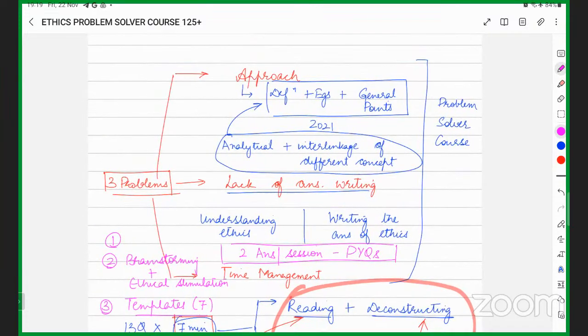Now, there is something which I've spoken, I guess, a couple of times, that the pattern got changed after 2021. So let's look into how the pattern got changed in 2021. For that, we will be firstly looking into a few questions from mains 2021 and mains 2020, so that you understand what was the type of the questions that was getting asked till 2021, and then we will see the questions of 2022 and the last mains.